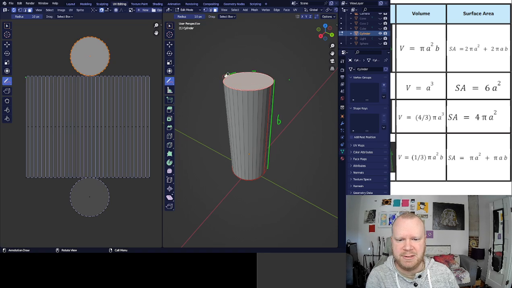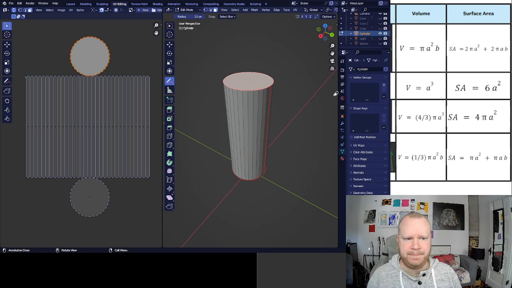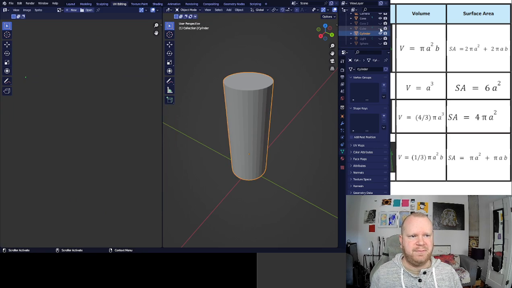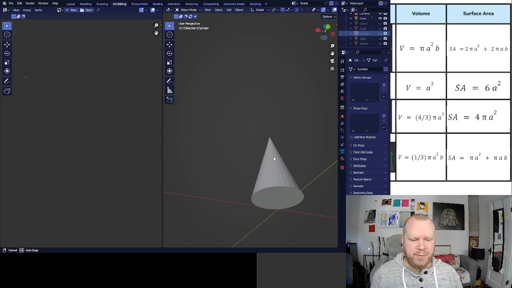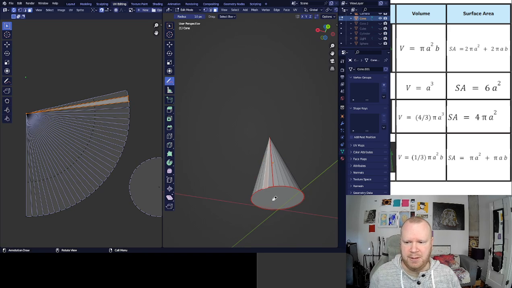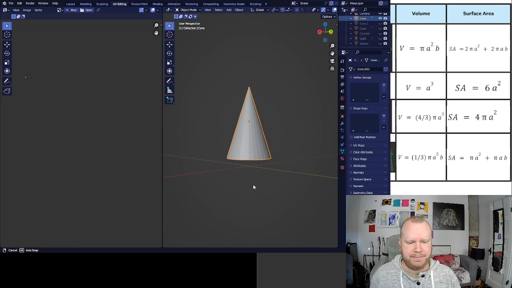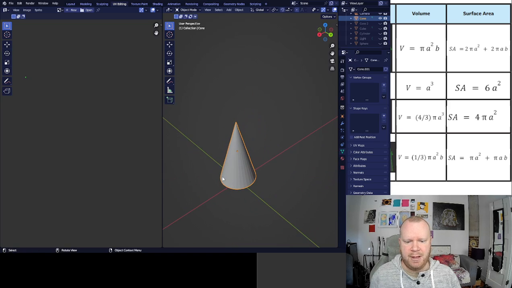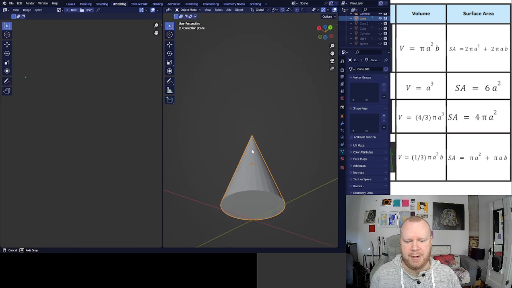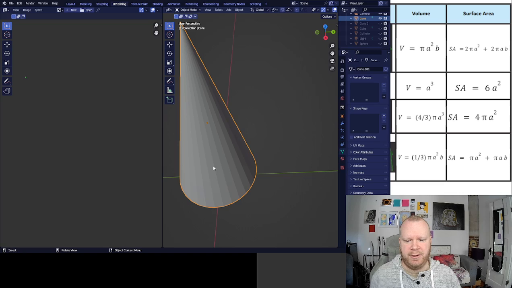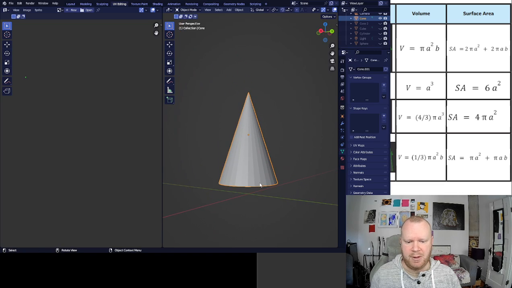The cone is an interesting case, right? So that last one, I'm going to give a couple examples of this. Let's look at this cone here first of all. So we're going to have 2 pieces here, right? One of them is going to be this bottom part, the circle, and then the rest of it is going to be something that I'm going to have to cut up. So I've broken this up into a bunch of little triangle pieces along here.